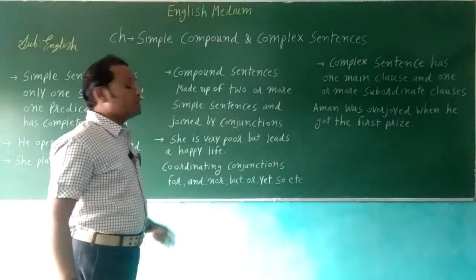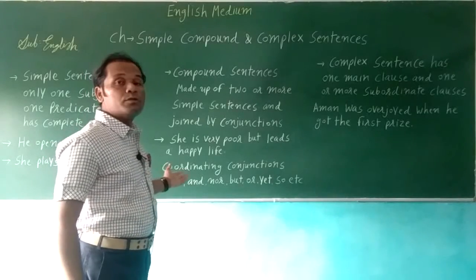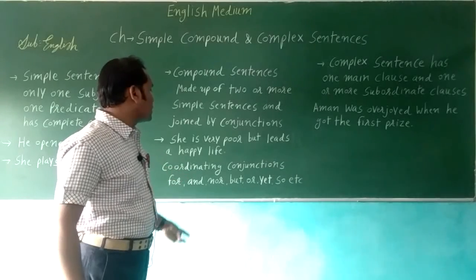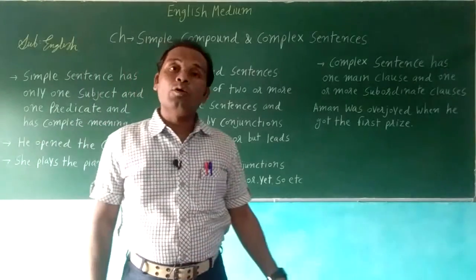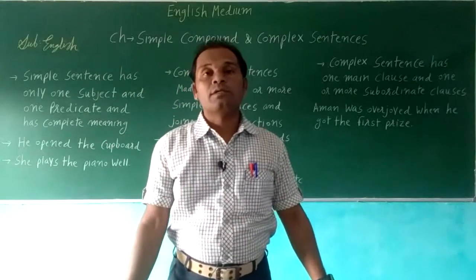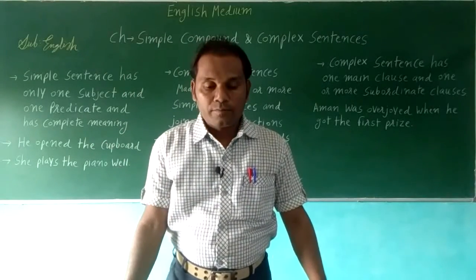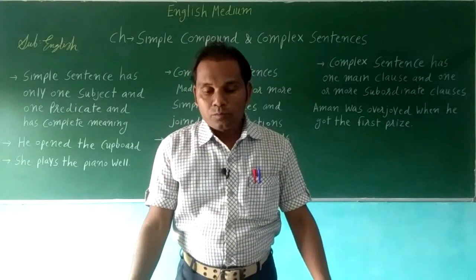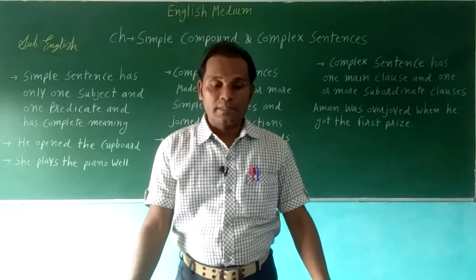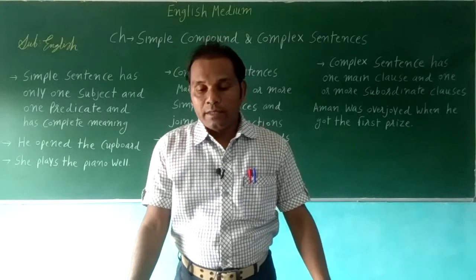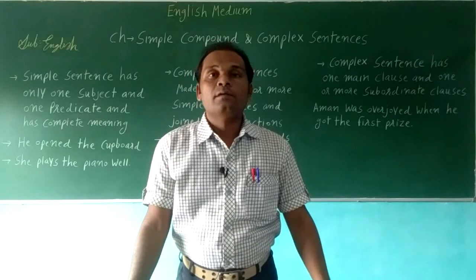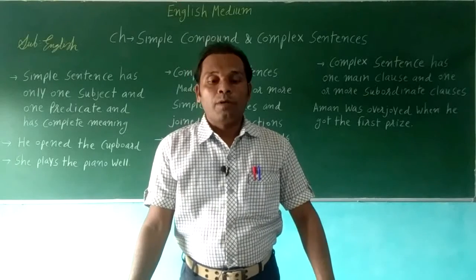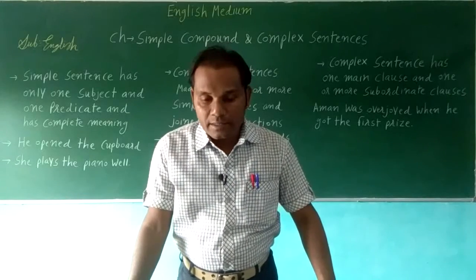The coordinating conjunctions used to join sentences are for, and, nor, but, or, yet, so, etc. They decided to go on a picnic, but it started to rain. So which conjunction is there? It is called a compound sentence.